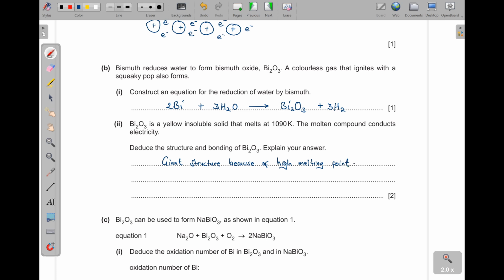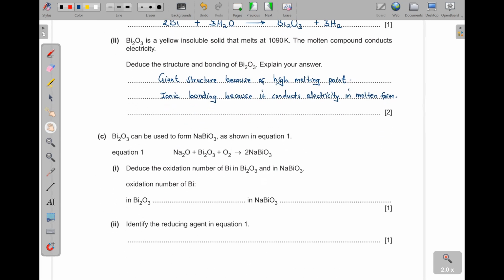And then the bonding is ionic, like I said before, ionic bonding, because it conducts electricity in molten form. So that is that.